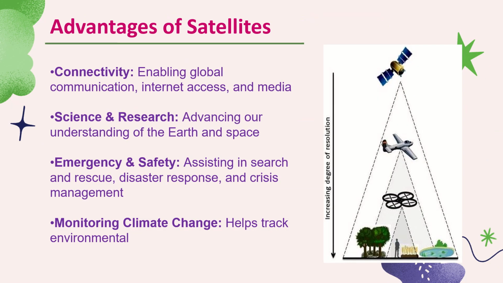Next, the main advantages of satellites: connectivity, science and research, emergency and safety, and monitoring climate changes. The diagram shows images of where they are located, for global communications and internet access.